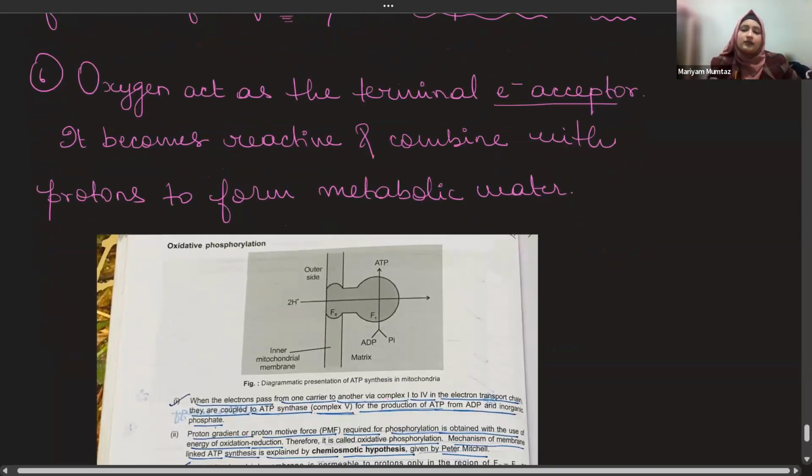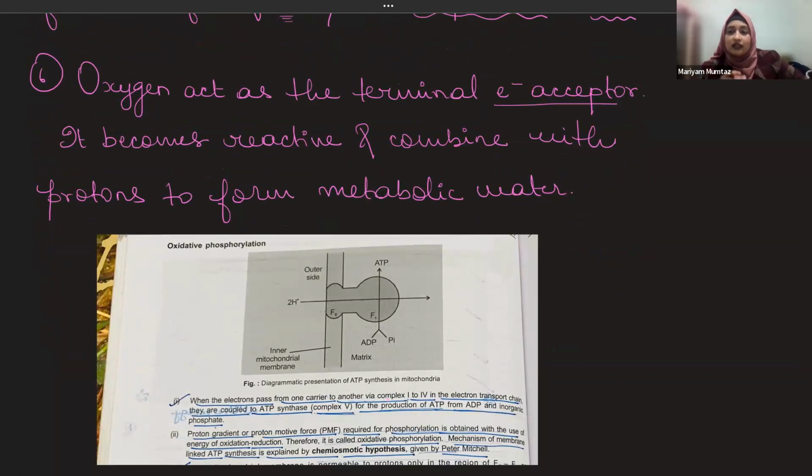Now see the last point says that the last acceptor, the terminal one, the ending part, is oxygen. Oxygen is the last electron acceptor. As soon as it accepts the electron, it becomes reactive and then it combines with protons to form metabolic water.